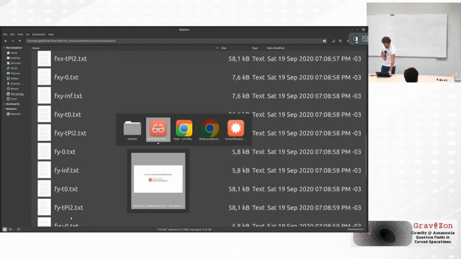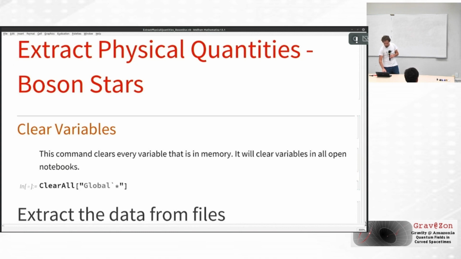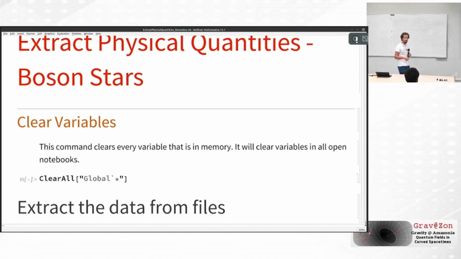So with that you can go to Mathematica, for example. I started with Mathematica in the beginning, but since Mathematica is very slow at going through all the solutions, I decided then to use C, but it's easier to show in Mathematica, obviously. So the first thing I usually do is clear some variables, in case I have other Mathematica files open, so everything is erased and I start new.